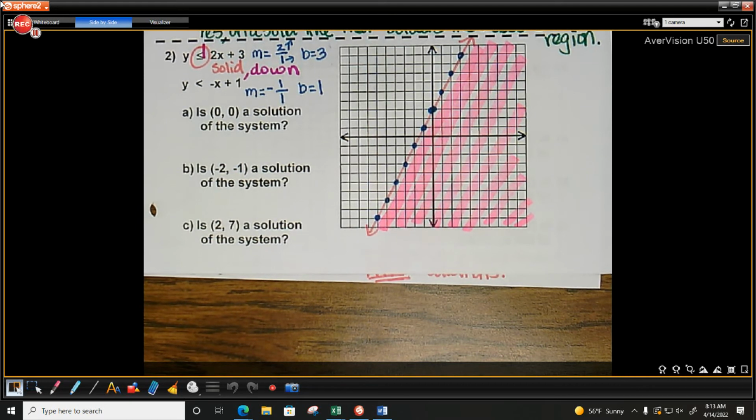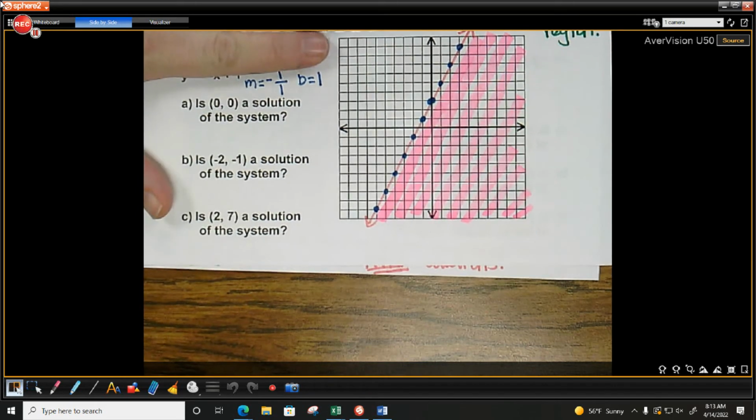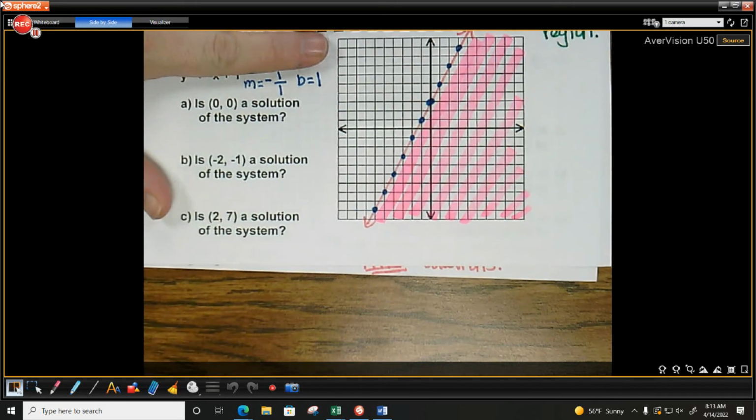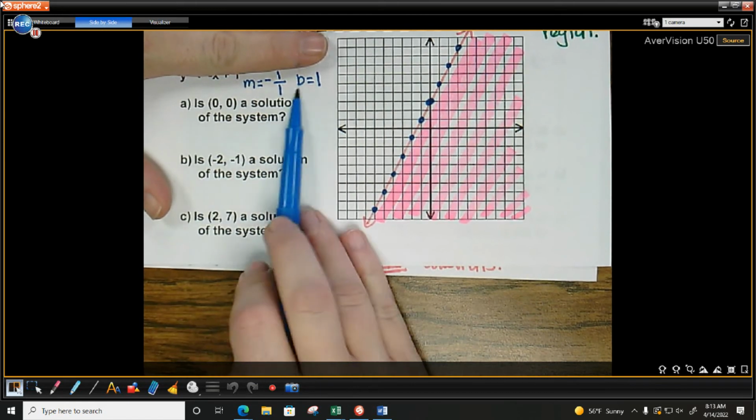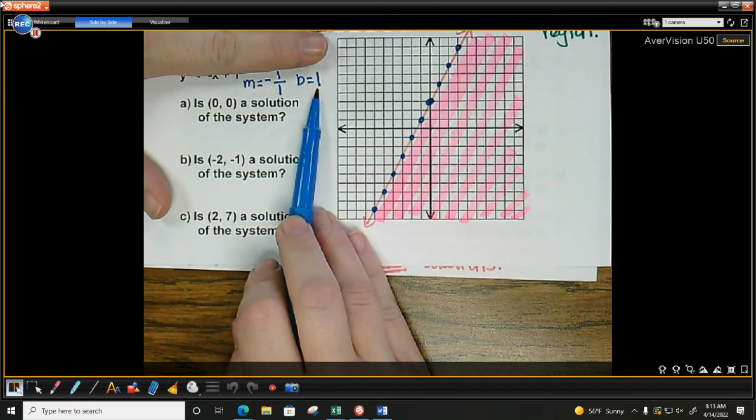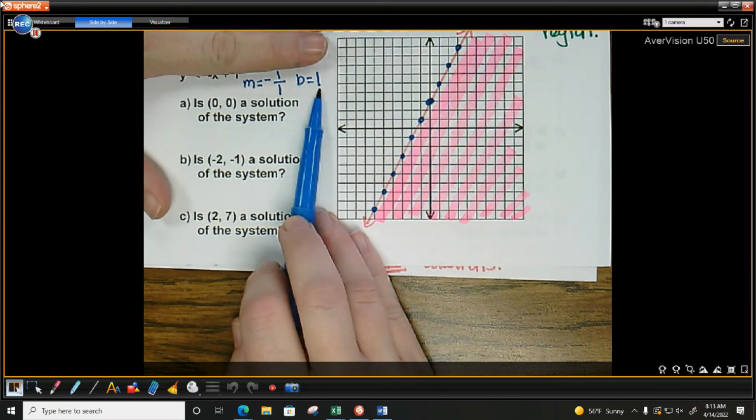What does begin with? What letter? What's my b value? 1. So where do I begin? On which axis? The y-axis. There we go.